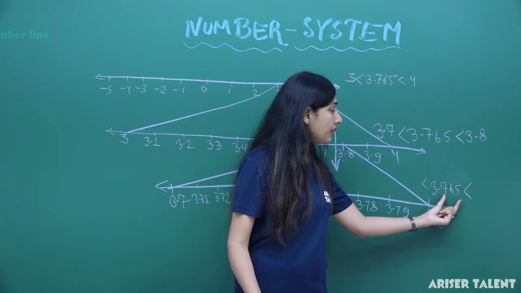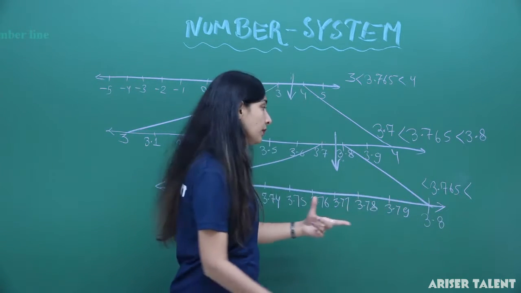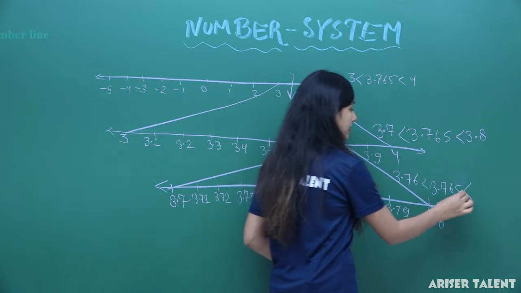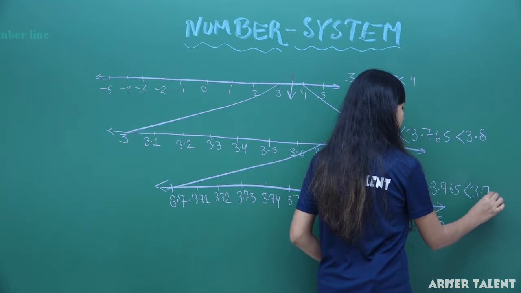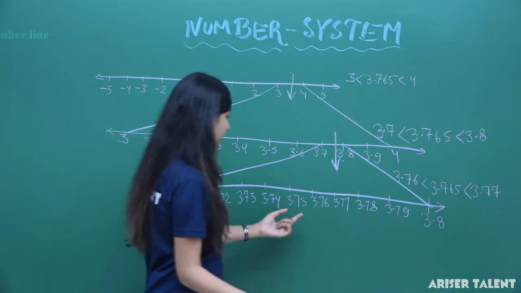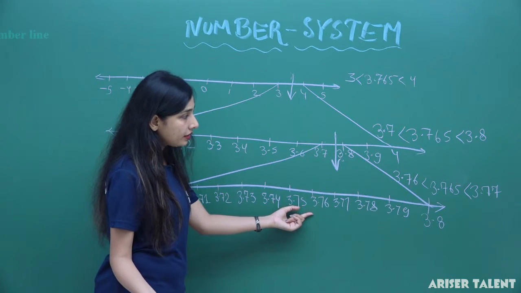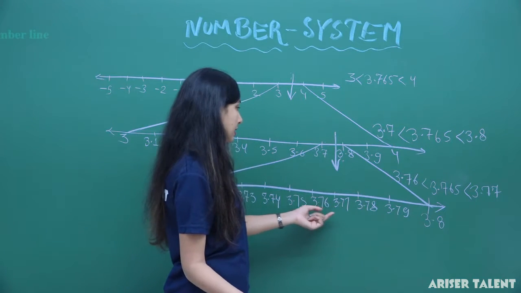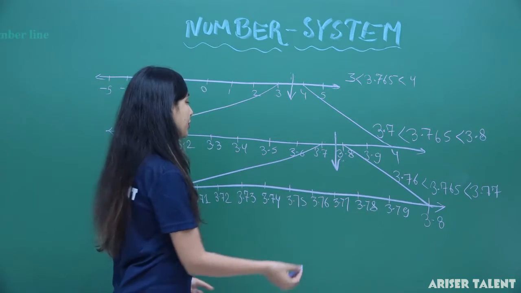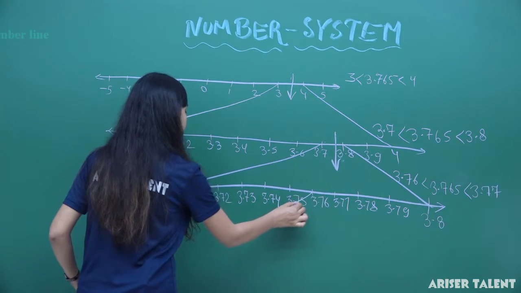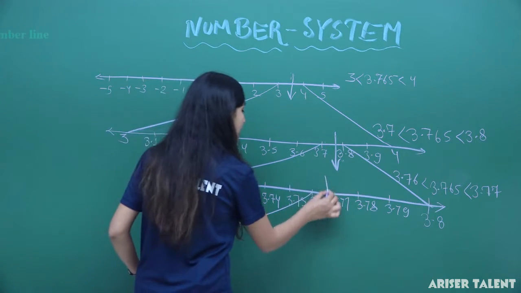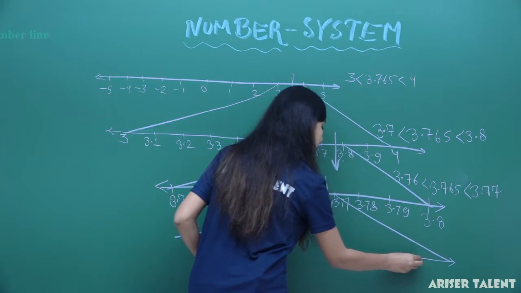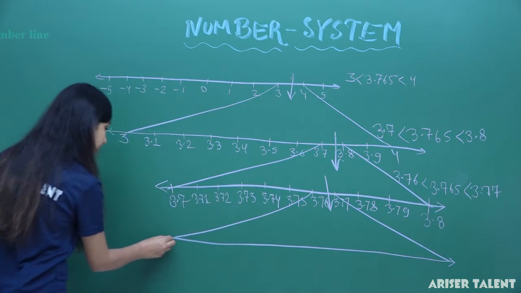Because the number 3.765 lies between the two. So 3.76 is here and 3.77 is here. So we will expand this portion. Okay, now we know what to do. Because the number lies somewhere here, we will magnify it and we will draw this line here.